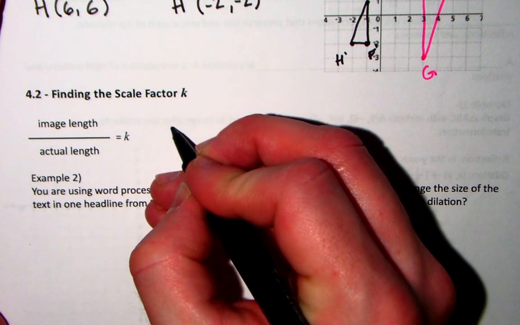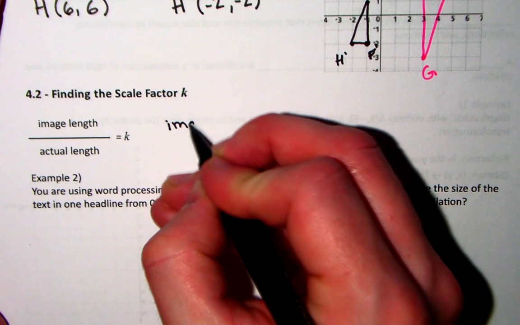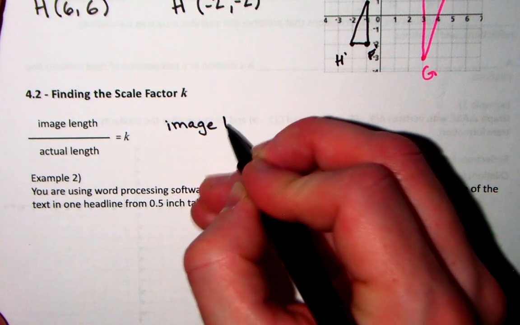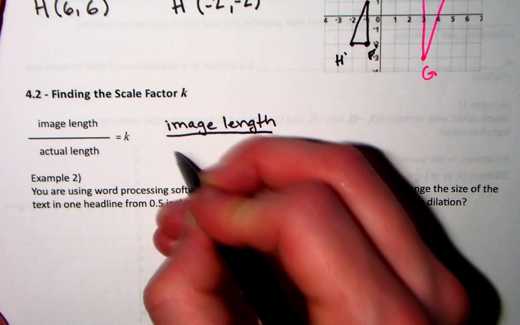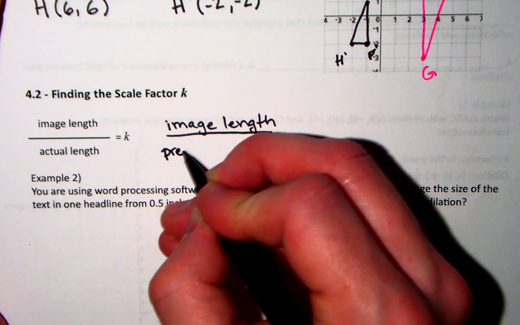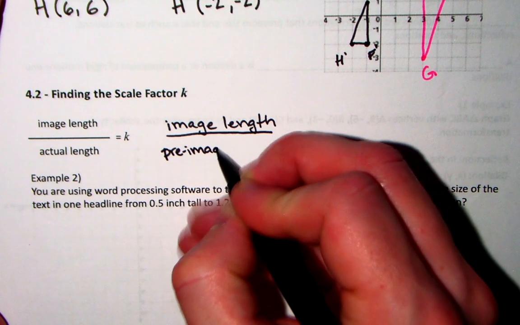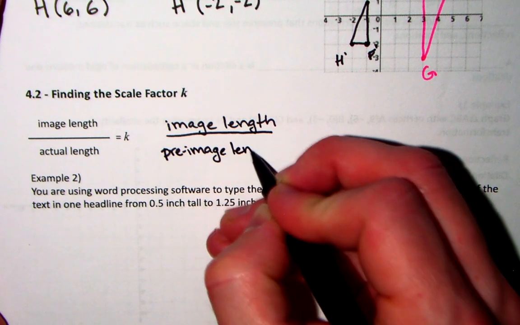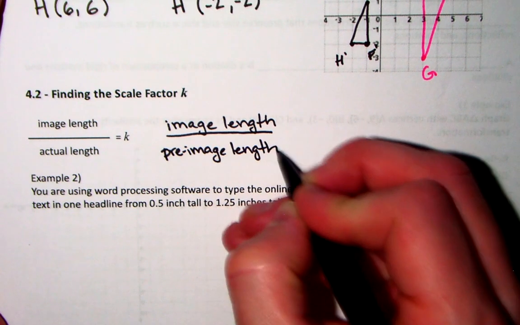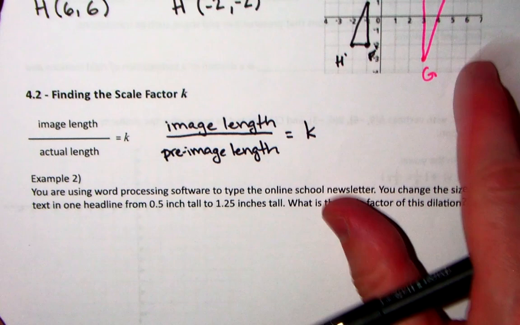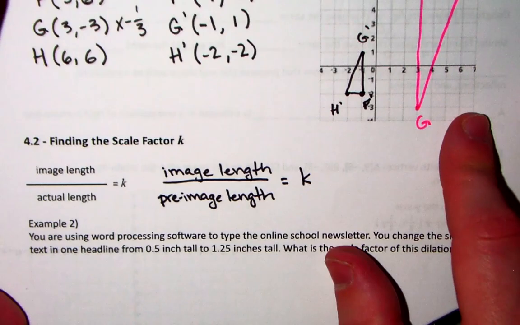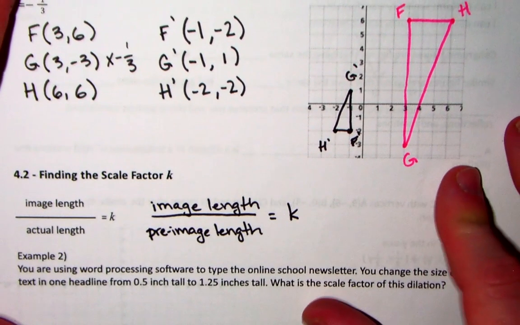I prefer something like image length over pre-image length equals k.